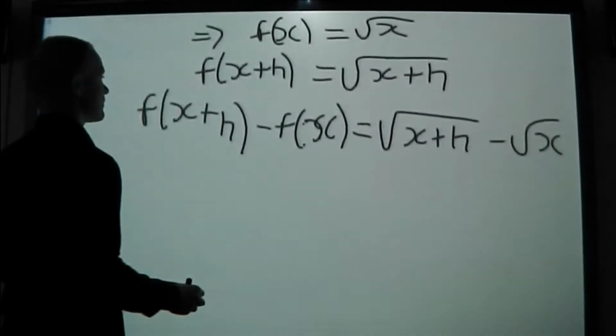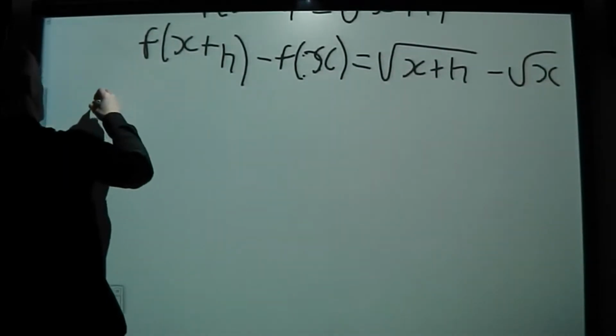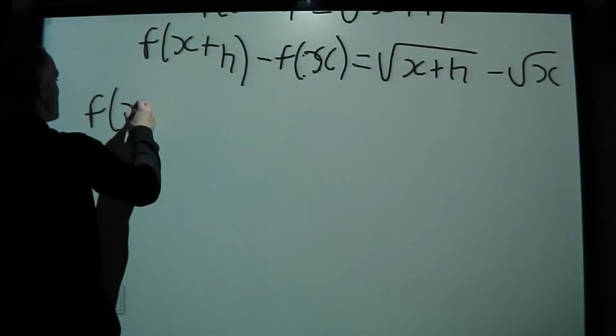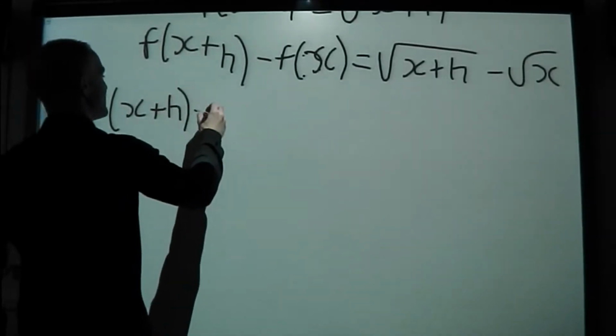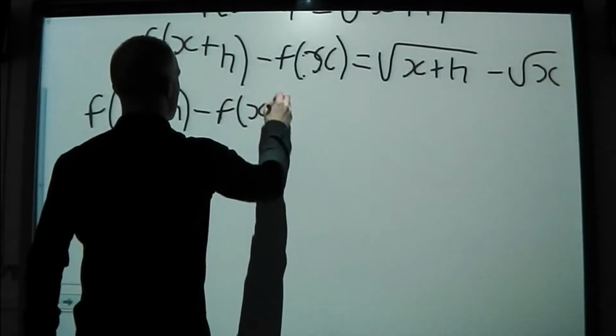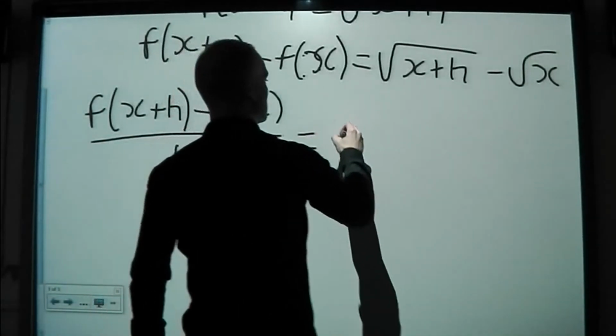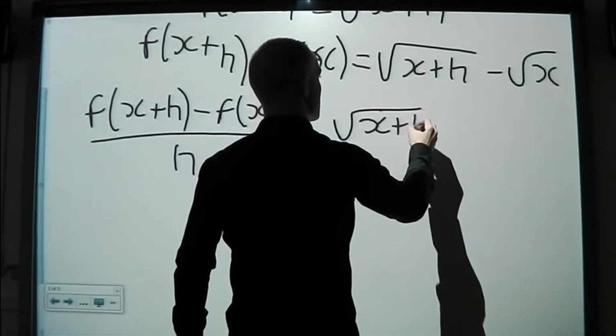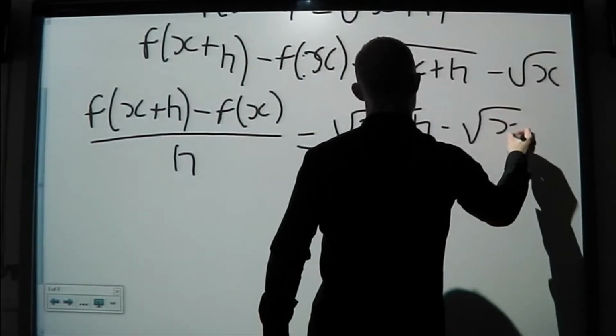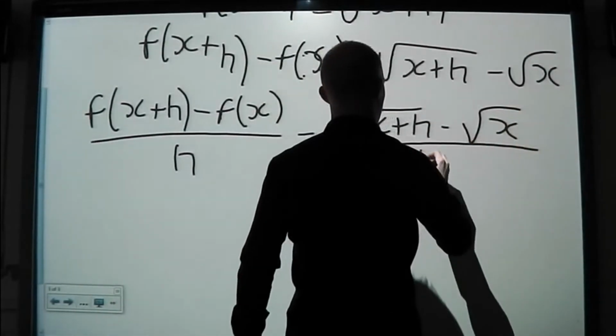Now, our next line is f of x plus h minus f of x all divided by h. That is equal to the square root of x plus h minus the square root of x all over h.